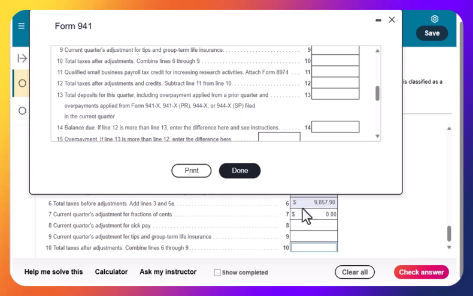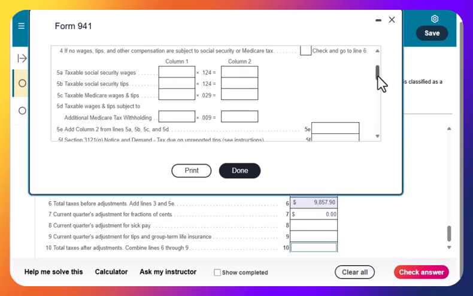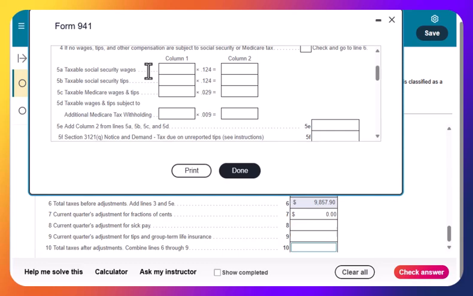Now between this line 6 and this line 13, there may be a few cents difference from just rounding, because when we calculated our deposits for FICA FIT, we rounded once for each employee for each pay period. However, when we did it for this form, we only round once. So notice here for Social Security, we calculated it and rounded once.